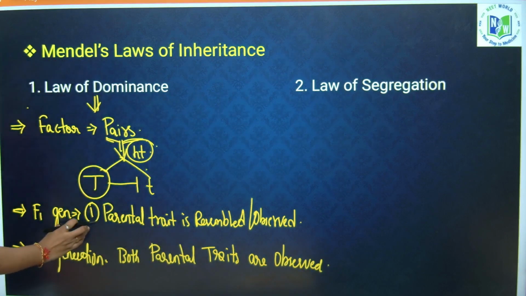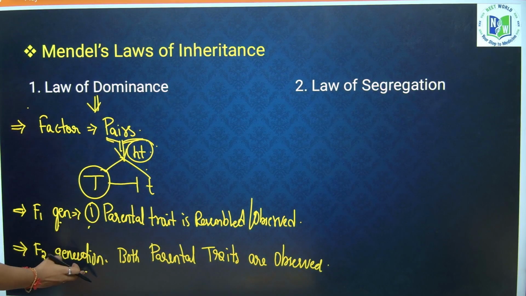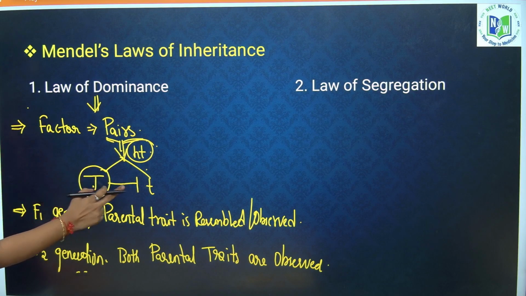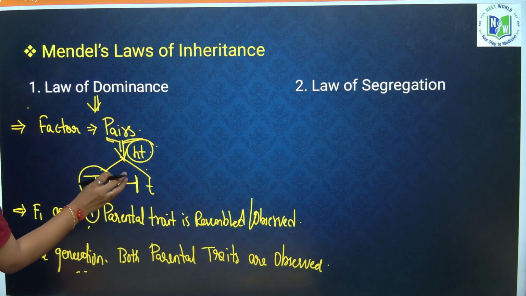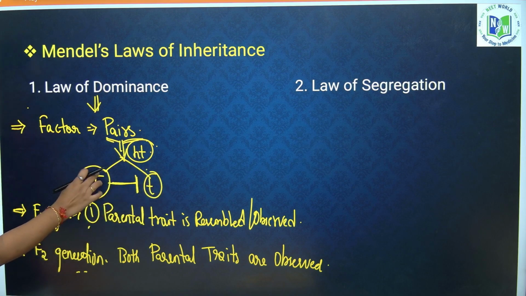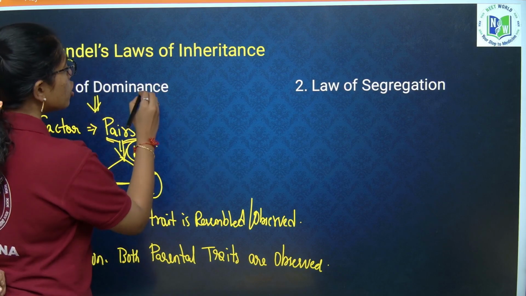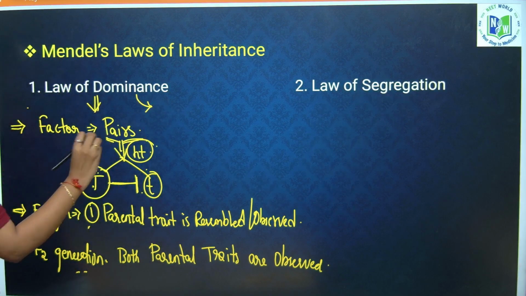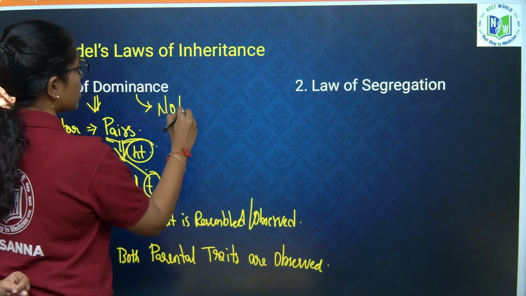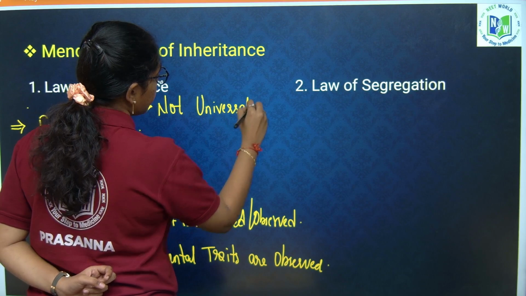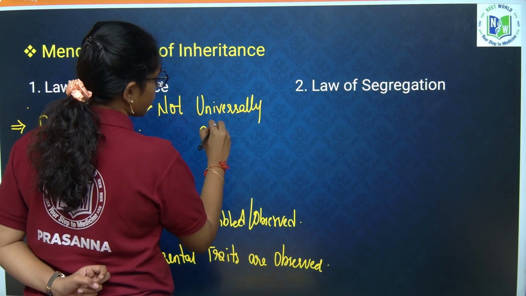And here, in the F1 generation or in the F2 generation, whenever there is a contrasting pair, he said the dominant allele will close the effect of the recessive allele. Dominant allele always masks the effect of recessive allele, clear? And this point is not always valid. So, the law of dominance is not universally accepted.